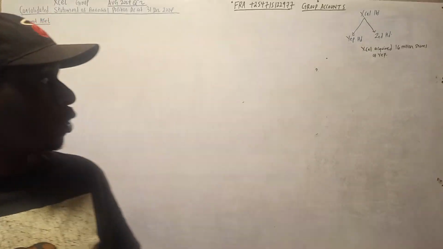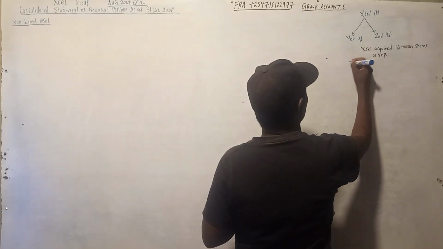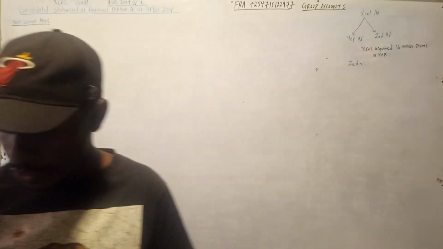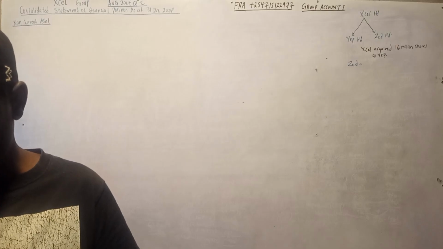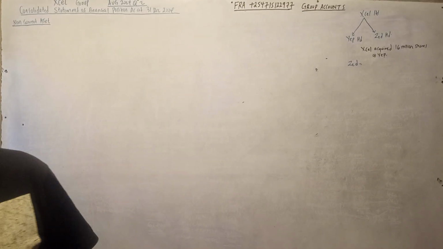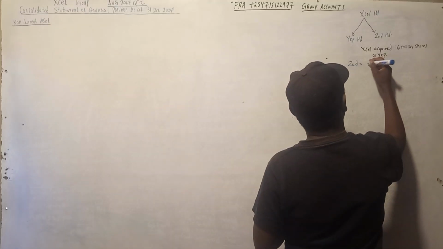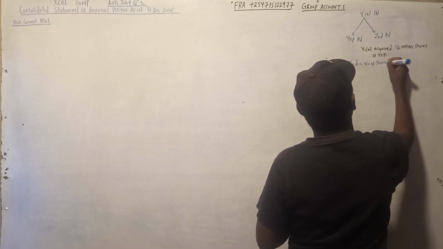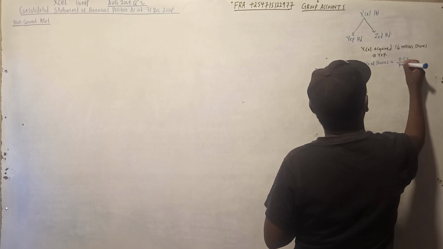Now let us see the total number of shares that Z had, so that we can determine the percentage of acquisition. Let's go to the balance sheet. Under the ordinary share capital, we need the number of shares of Z. Number of shares is equal to the ordinary share capital over par value.